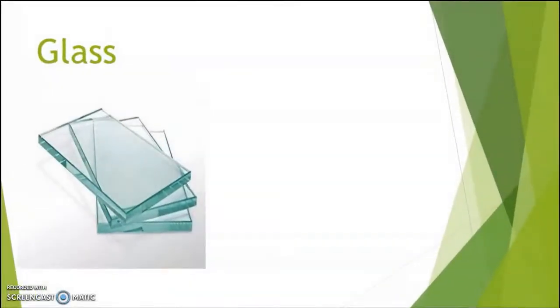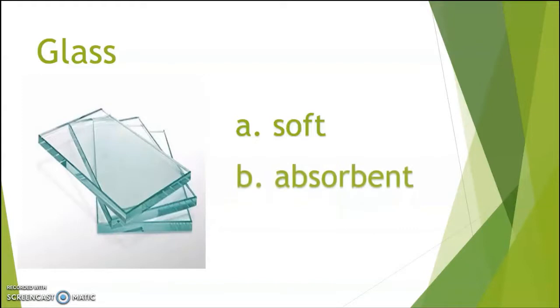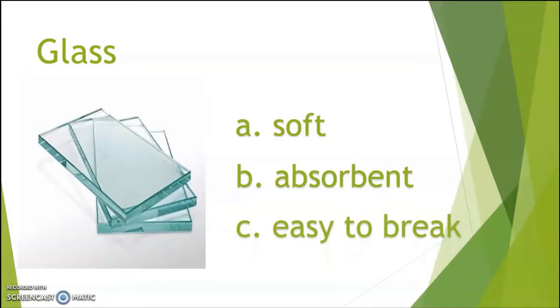The next one, the glass. Look at the picture. Letter A, is it soft? Letter B, is it absorbent? Letter C, it is easy to break. Yes, letter C. All right.